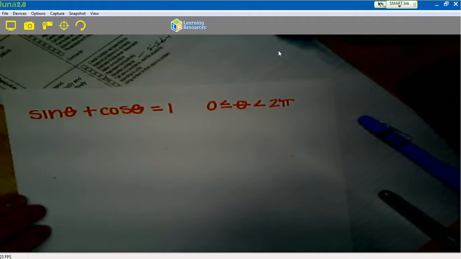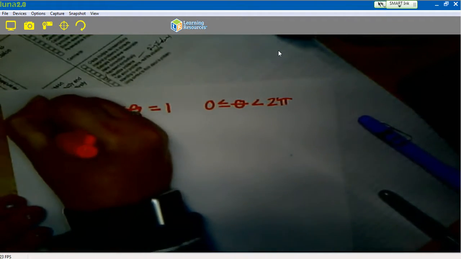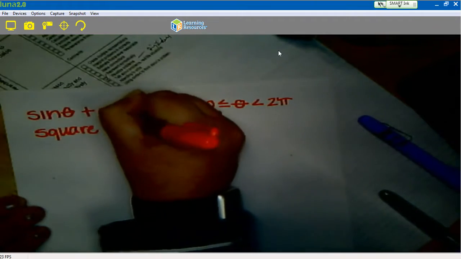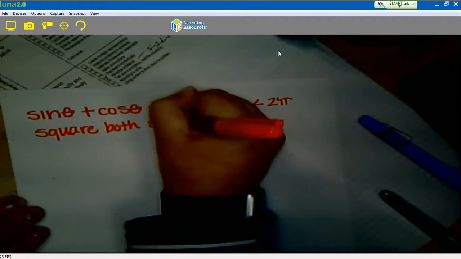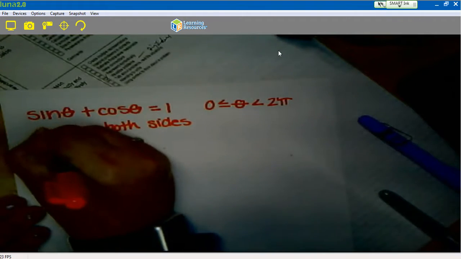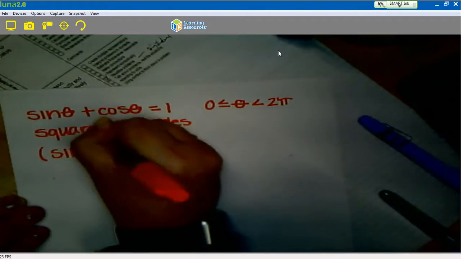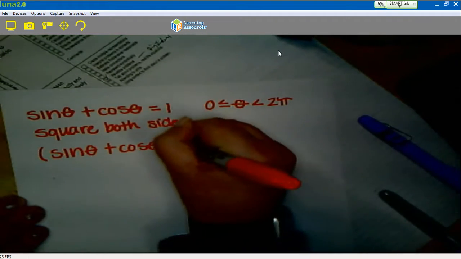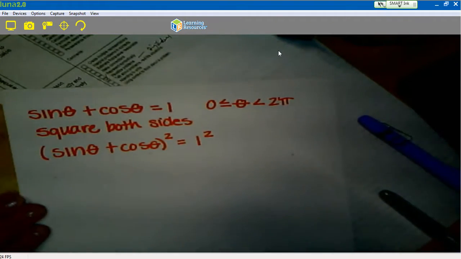Okay, so the first thing I'm going to do here is I am going to square both sides. So I have the quantity of sine theta plus cosine theta, quantity squared, is equal to 1 squared.